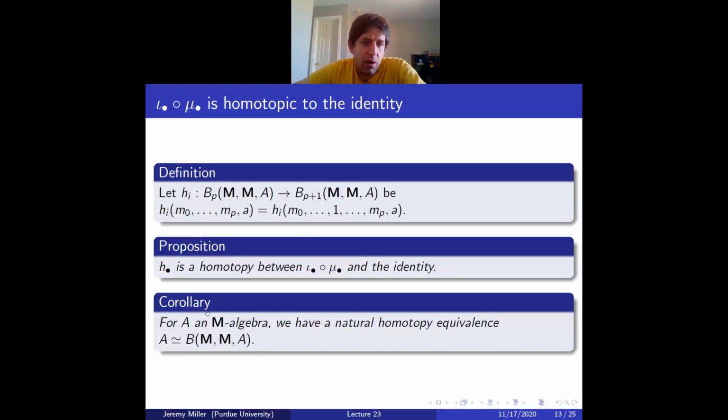Okay, so then our corollary is that we have natural homotopy equivalences between A and this bar resolution. So the upshot is this is a way of replacing A by this simplicial object, and this is nicer because level-wise all the p simplices are free. Free means of the form MX. So this is a functorial free resolution of A.